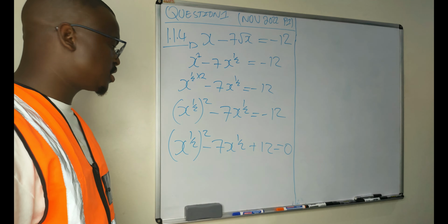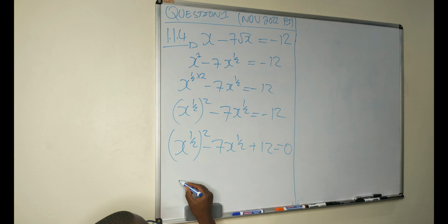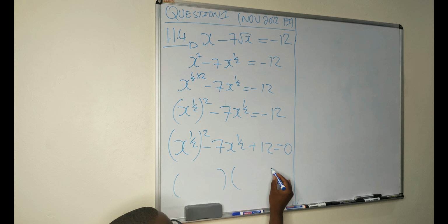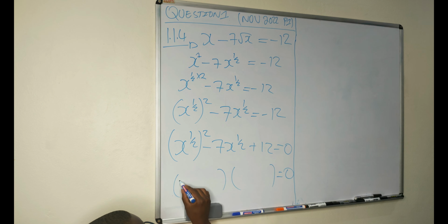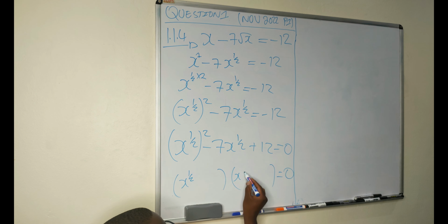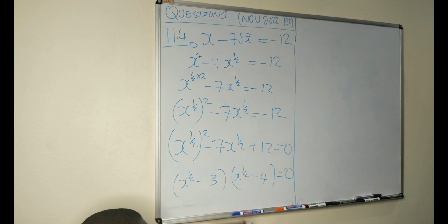So you can say factorize this or use your quadratic equation to solve x raised 1/2. I'll factorize it and say, okay, here I have x raised 1/2 and x raised 1/2. This is minus 3 and this is minus 4, right? That's similar to the step we had in the first question.